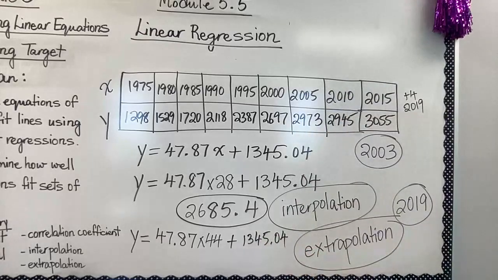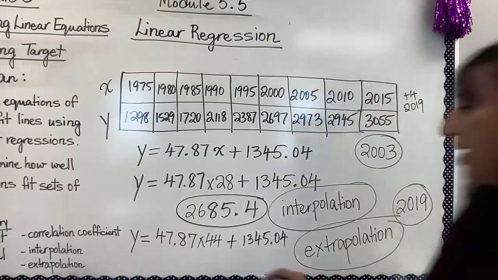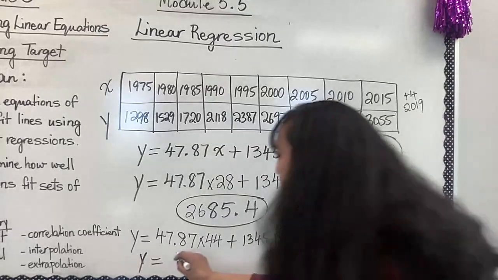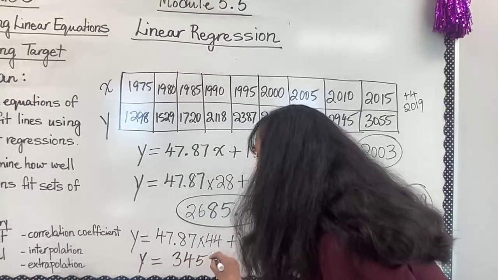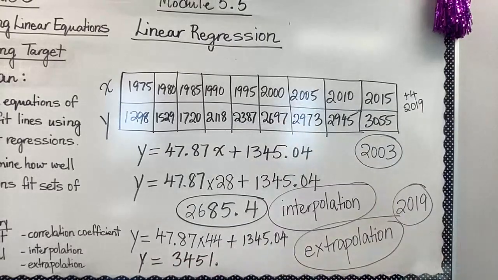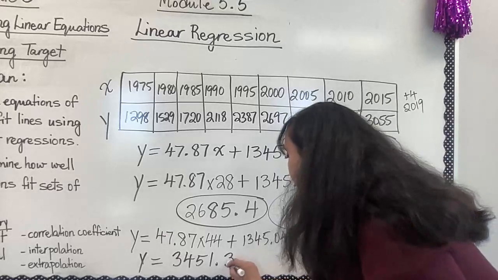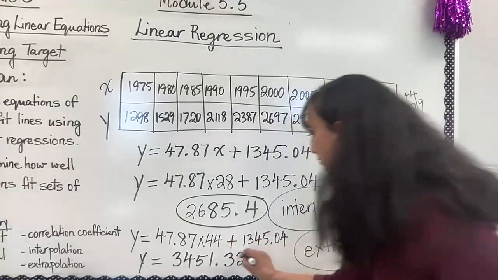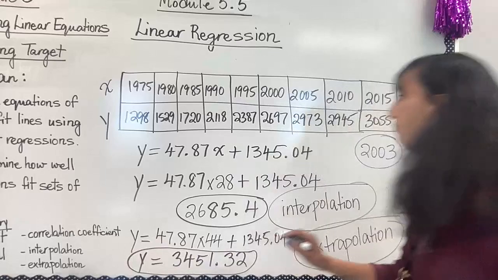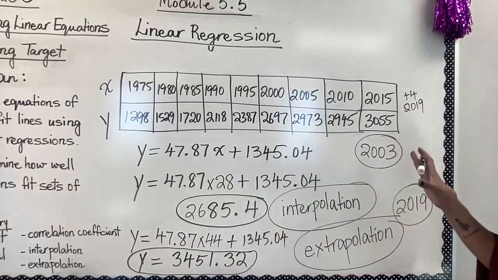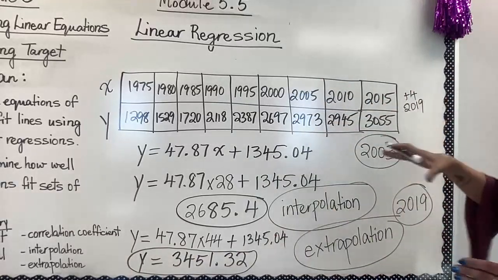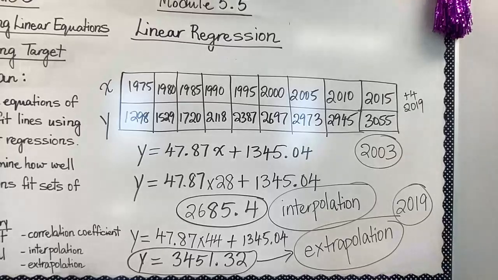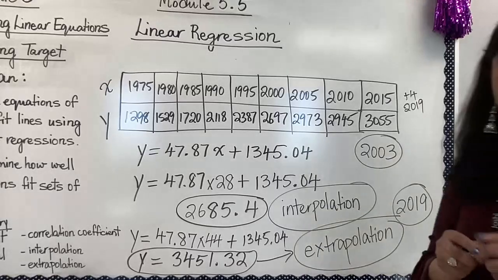When I simplify this, y is equal to 3,451 and 32,000. Let's look at this value for y. Is it falling within this data range? It is not. It is falling outside. So this is an example of extrapolation.